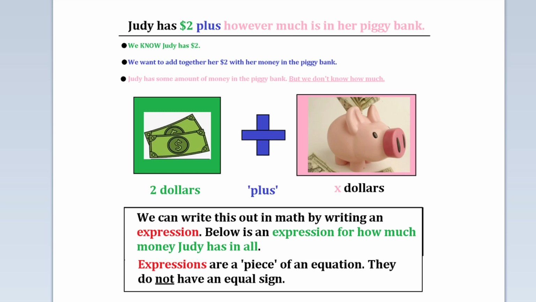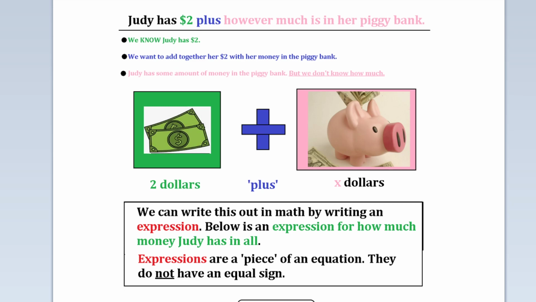So this is a perfect situation where we can use something called an algebraic expression. An expression is something we write when we use numbers and/or variables in math to represent a real situation. So if we want to write an expression for how much money Judy has altogether, we can take this $2.